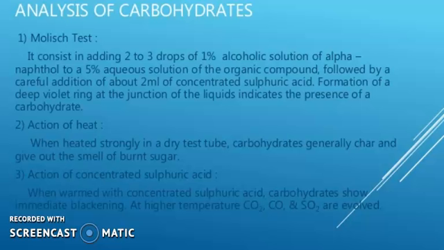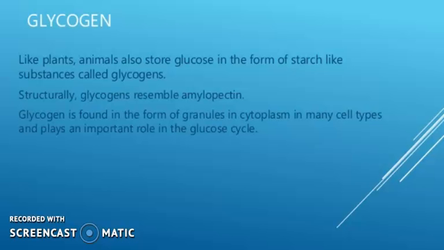Action of heat: when heated strongly in a dry test tube, carbohydrates generally char and give out the smell of burnt sugar. Action of concentrated sulfuric acid: when warmed with concentrated sulfuric acid, carbohydrates show immediate blackening, and at higher temperature CO2, CO and SO2 are evolved.